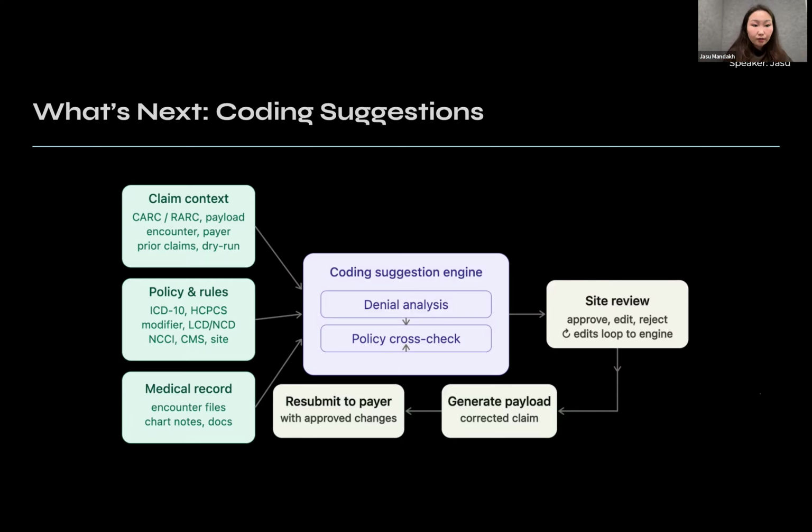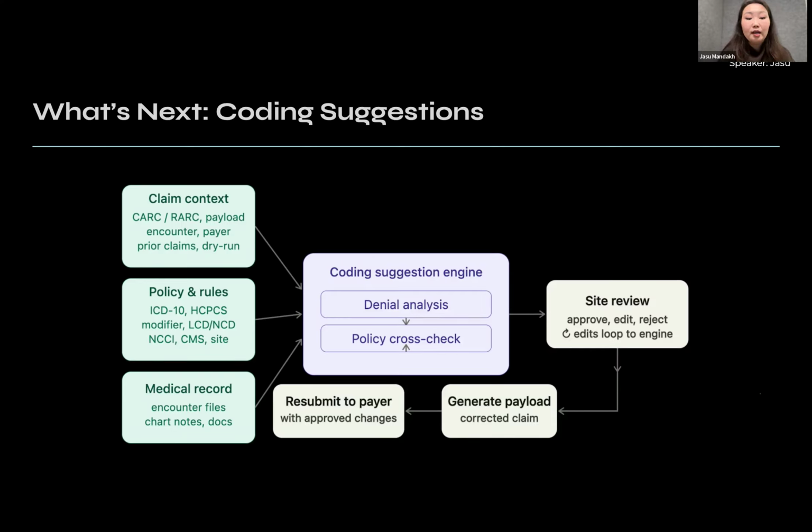The context that we are feeding in here is, first, the medical record, visit note, and any other encounter medical files related to that patient and date of service. That's important to look at. Another is the ICD guidelines, CPT guidelines, and modifier guidelines. We also have NCCI validation that's been in the system for over a year now.